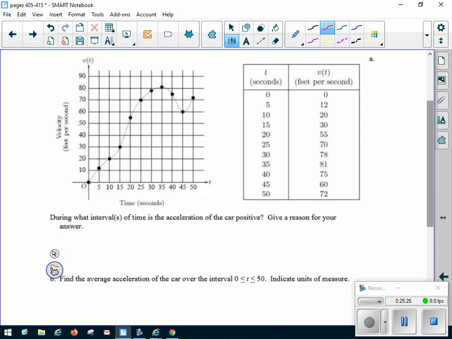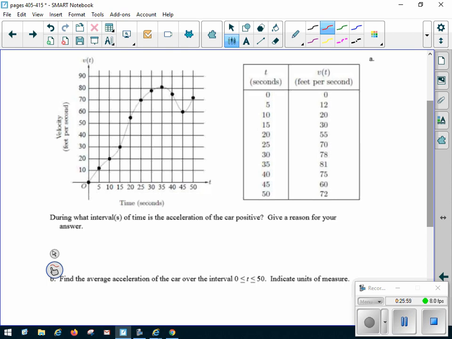Acceleration is positive when, no, okay, go back. Second derivative is positive when the function is concave up. Second derivative is positive when the first derivative is, so acceleration is positive means the velocity is increasing.